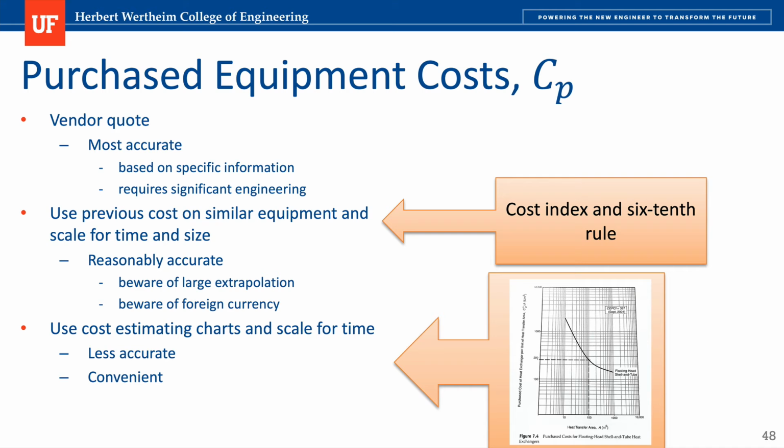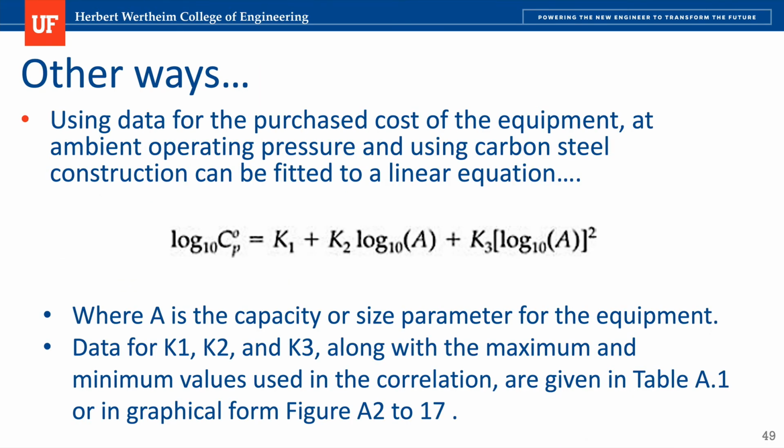You can also use cost estimating charts and scales for time. That's perfectly fine. An example is the one that I'm showing you here. Those cost estimating charts can be converted into equations, right? If you have a lot of information from multiple equipment, you can condense that into a graphic form, and from the graphic form you can linearize and get an equation that looks like this.